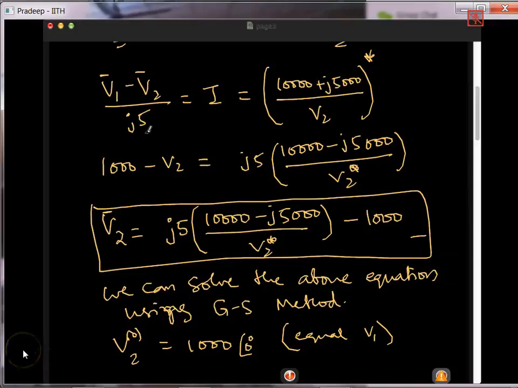(V1 minus V2) by J5 equal to I, which is also equal to (10,000 plus J5000) by V2. Here the V1 value is 1000, minus V2 is the same. J5 goes to the right. This is conjugate applied.